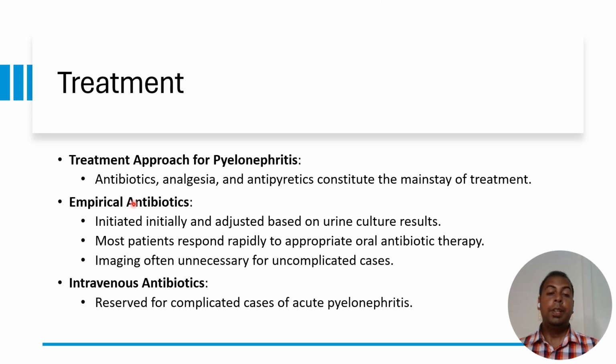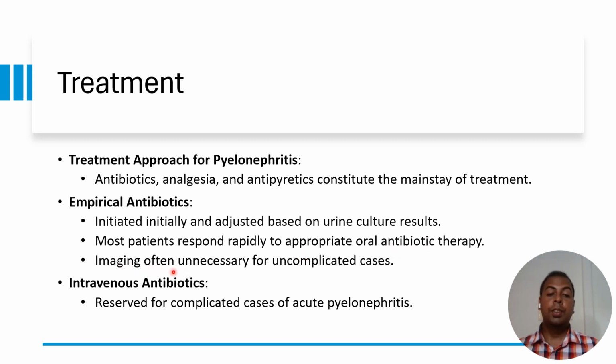All right, so if you need to treat pyelonephritis, the treatment approach would be antibiotics, the mainstay of treatment, analgesics for pain control, and antipyretics for temperature control. Empirical antibiotics are given and adjusted based on the culture result from the patient. Patients typically respond to oral antibiotic therapy and can be treated on an outpatient basis.